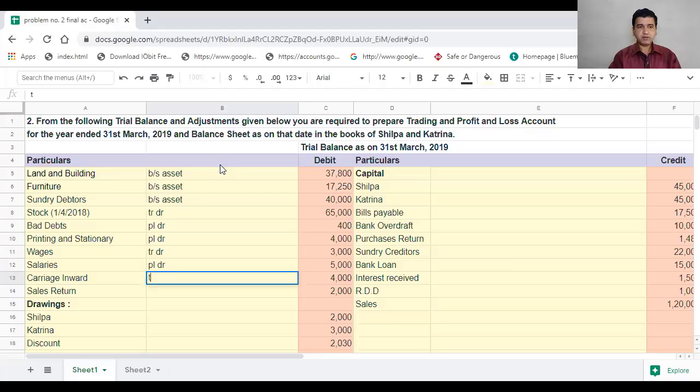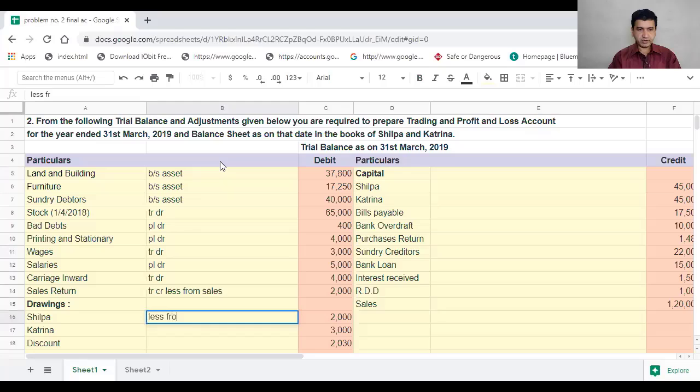Carriage inward, trading debit. Sales return, it is a less from sales, so it goes to trading account, credit side, less from sales. Drawings, it goes to liability side, so it is less from capital, liability side.